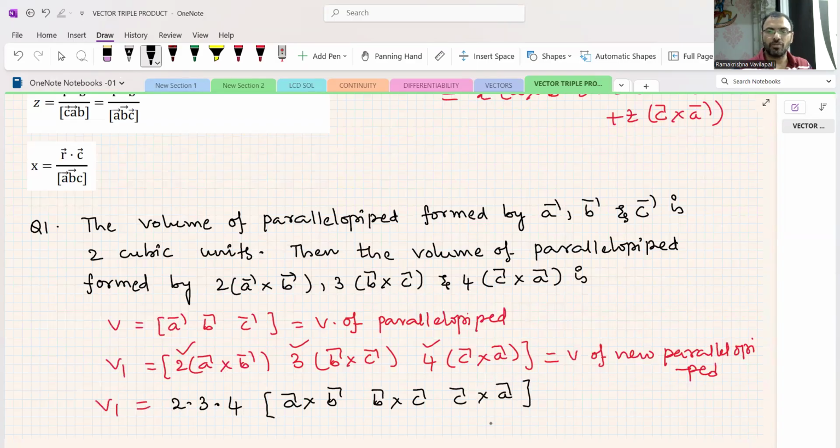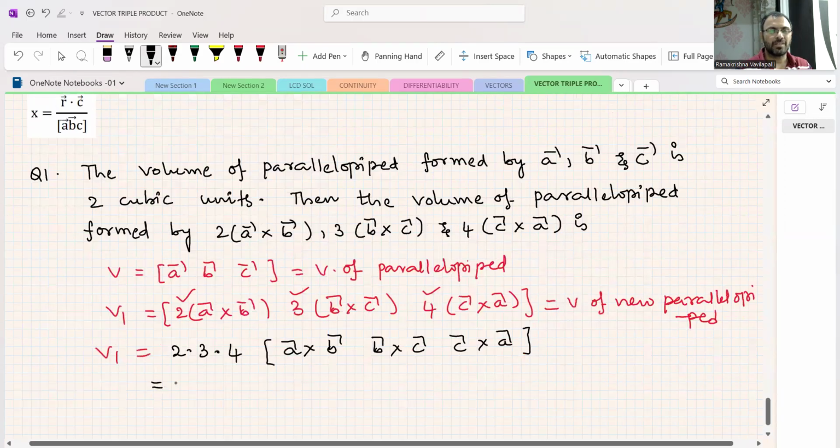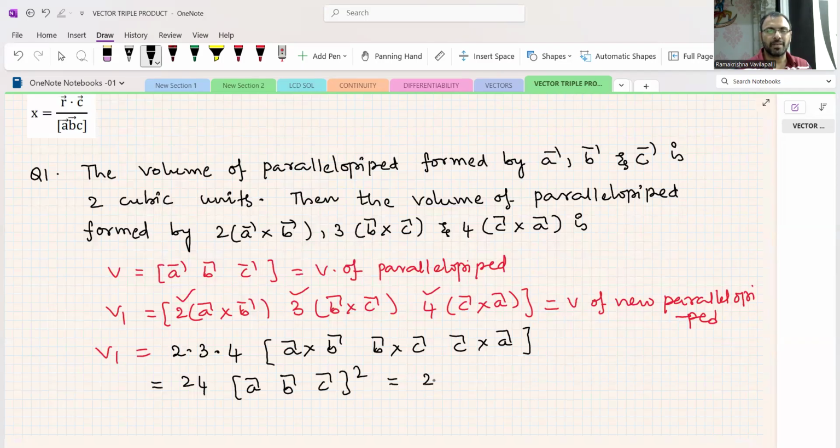Just now we have proved that this is equal to box ABC whole square. So this is equal to 24 into box of A bar, B bar, C bar whole square. This is nothing but 24 into 4, that's equal to 96 cubic units.